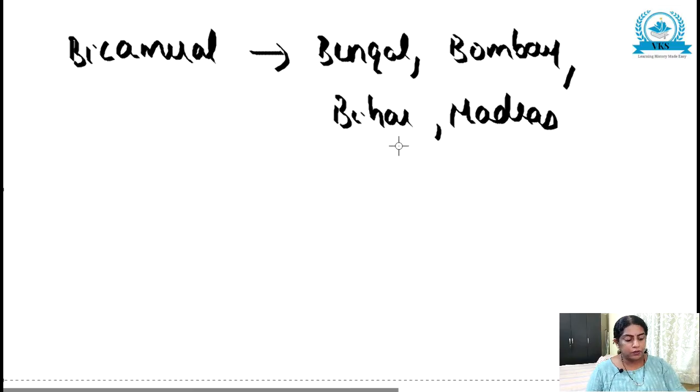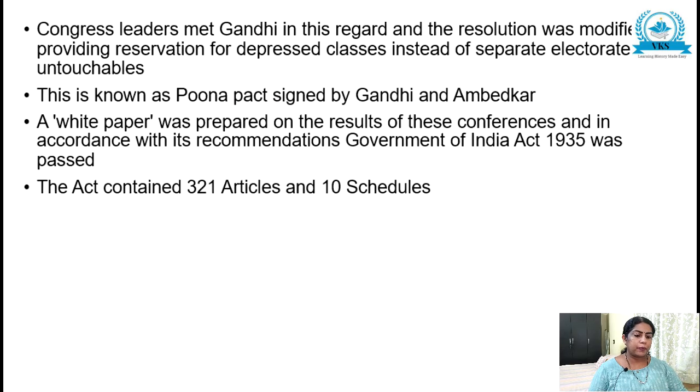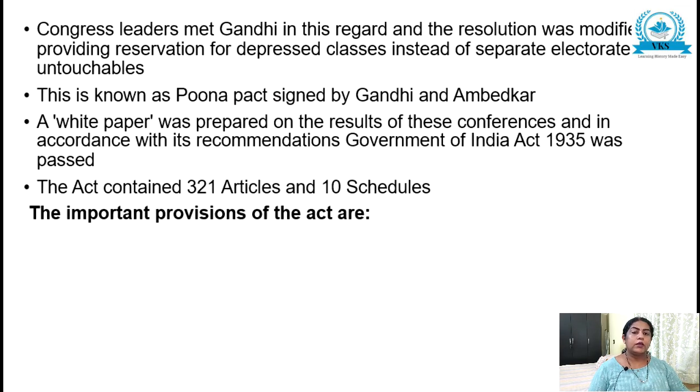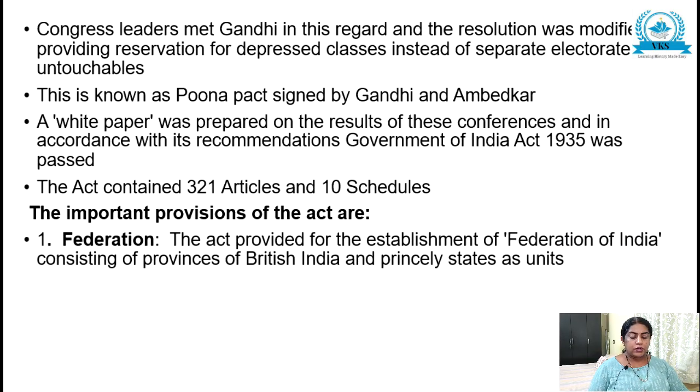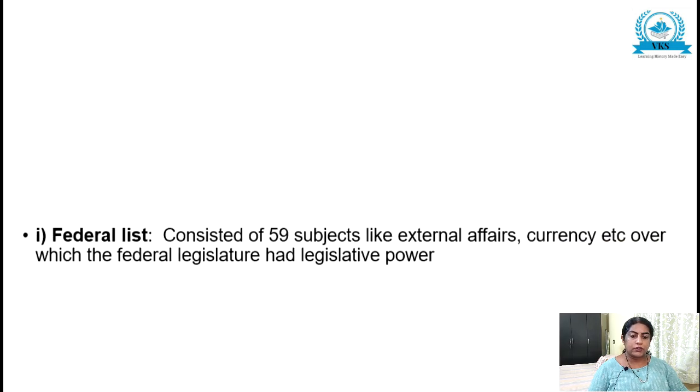So before we go into the next important provision, let us just see the points which we have studied till now. The important provisions of the Act are: Federation. The Act provided for the establishment of Federation of India consisting of provinces of British India and princely states as units. Distribution of power. It divided powers between central and provincial legislature. There are threefold divisions.